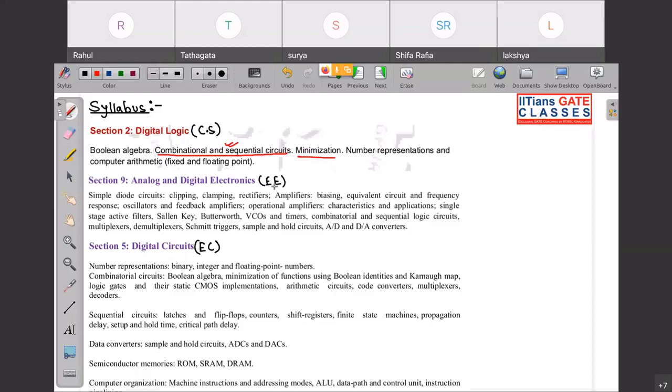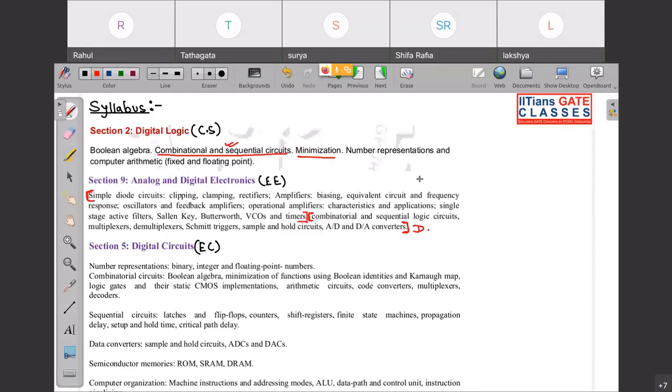Now talking about electrical, guys. In electrical, you have this syllabus mixed with analog electronics. You can see from this part to this part is your digital electronics, and from here to here is analog electronics. So even for electrical, the syllabus is quite small compared to EC or even IN.